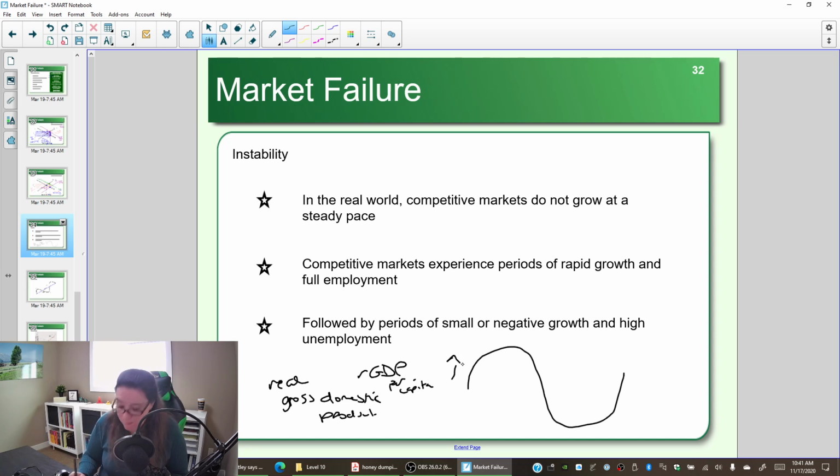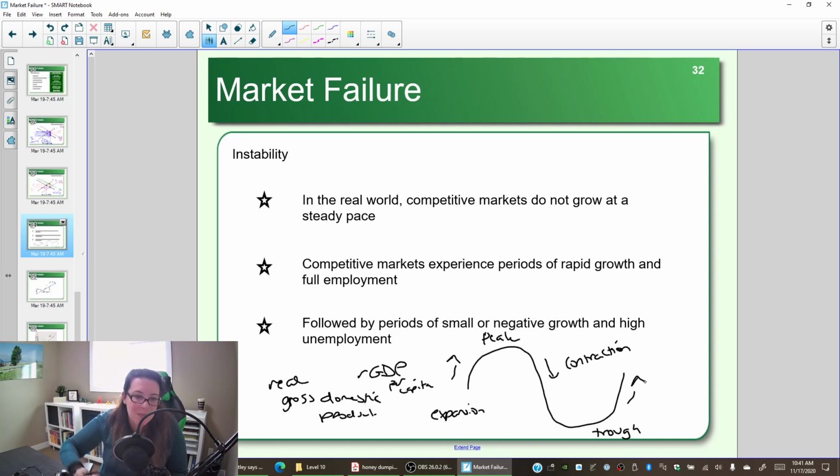So we're looking at real GDP per capita, the amount we're producing per person, and sometimes the amount we produce goes up. We call this expansion. Then we hit a peak, and then our economy starts to contract. So we have this period of contraction where we're producing fewer goods and services per person. Then we hit a trough, and then we start to expand again.